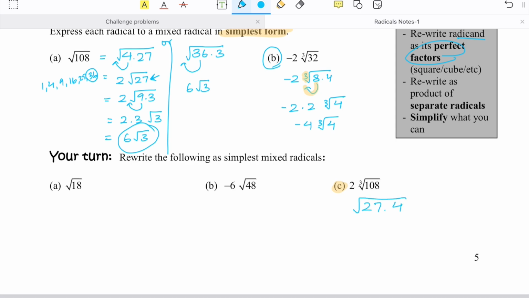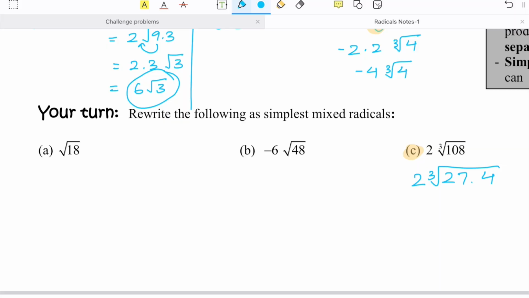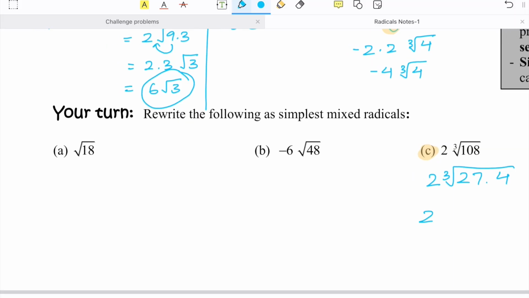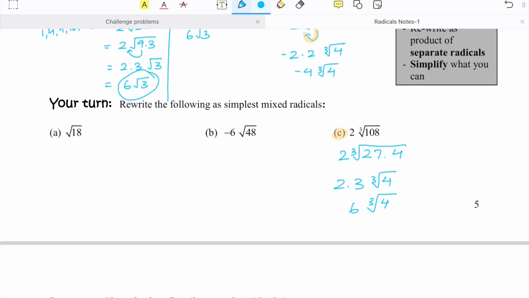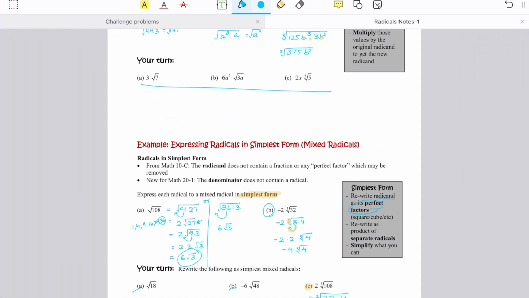And then, cube root of 27 is 3, so I can take that out, do 2 times 3, have cube root of 4, 2 times 3 is 6, and then that's it. Do you guys want me to do any question from like part A, B, or from here? Okay.